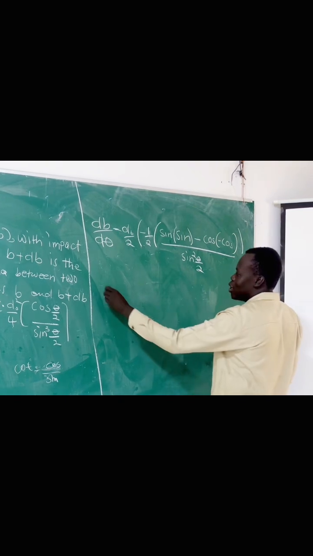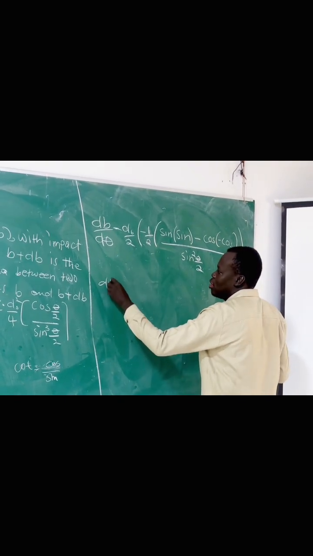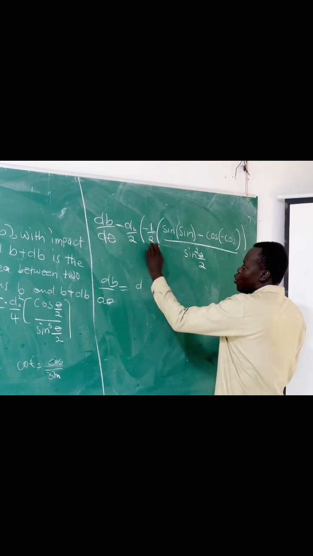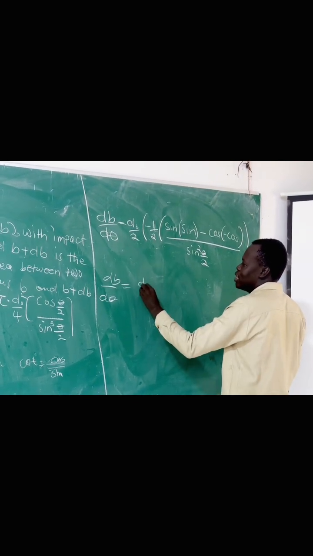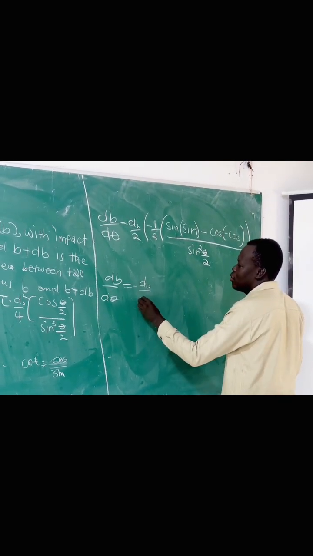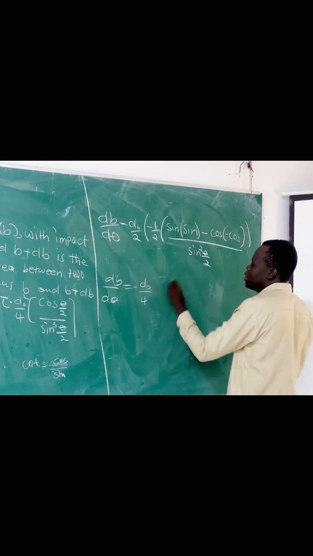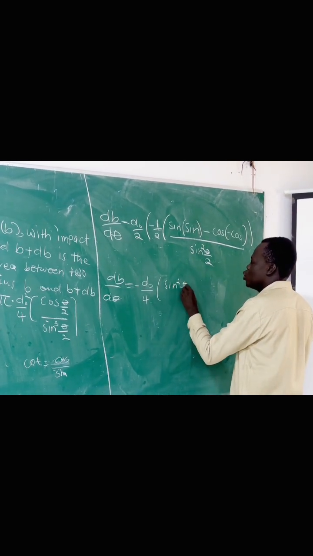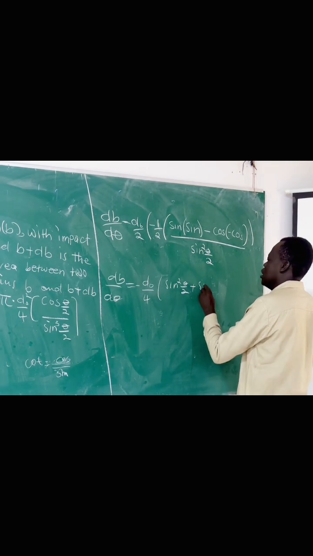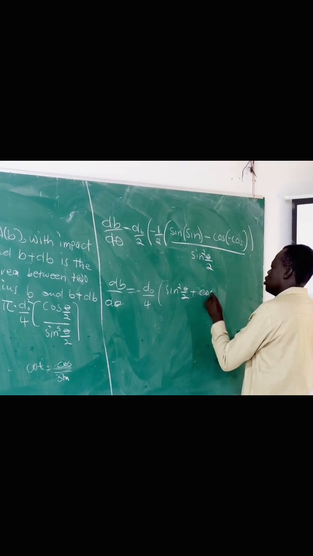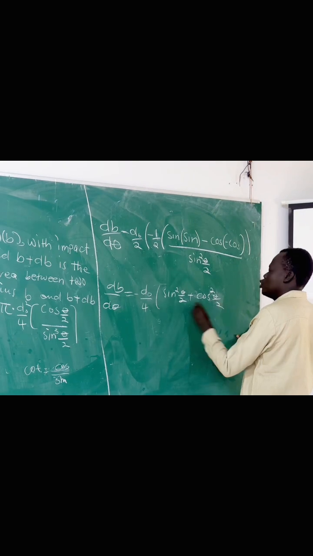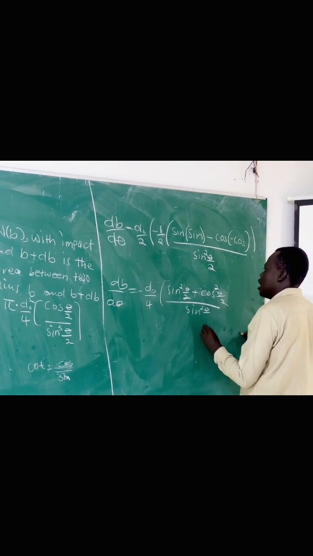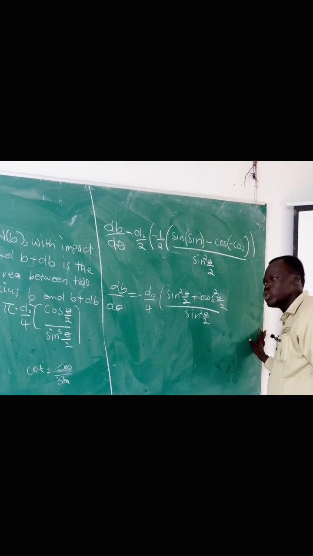When we do this, we are going to say db with respect to d theta is going to be d naught, minus 4, then sine squared theta over 2 plus cos squared theta divided by 2, all over sine squared theta over 2. That is it.